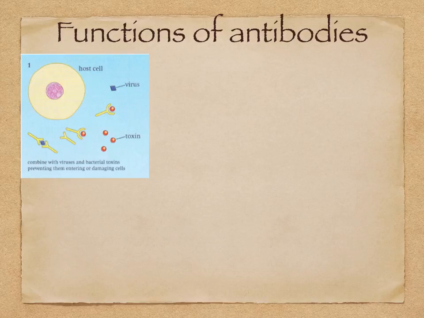Let's have a look at the functions of the antibodies. The functions depend on the type of antigen to which the antibody binds. So the first is the antibodies can combine with viral or bacterial toxins and prevent the entry of these into host cells.